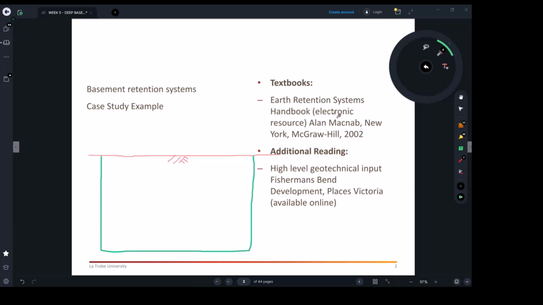Right, now there are recommended textbooks that we found help young engineers and students if they're really keen to get into these kinds of construction components. This is one of them here. Also we're dealing with geotechnical, with soil properties, so you need to know more about high level geotechnical inputs, which is developed by Ben Development, and it's available online.